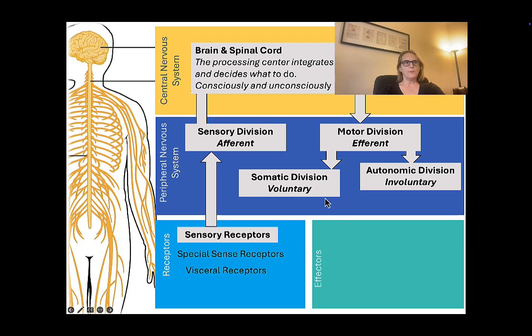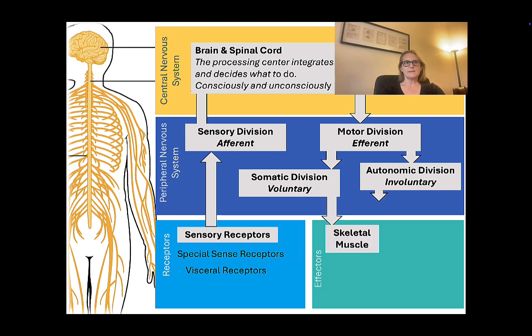This pathway is often under conscious control but it can also involve reflex actions like quickly withdrawing your hand from a hot stove or the patellar reflex. On the other hand, the autonomic division controls smooth muscles, cardiac muscles, and glands, and thus the organs that we don't have conscious control over, but which are essential for maintaining homeostasis.